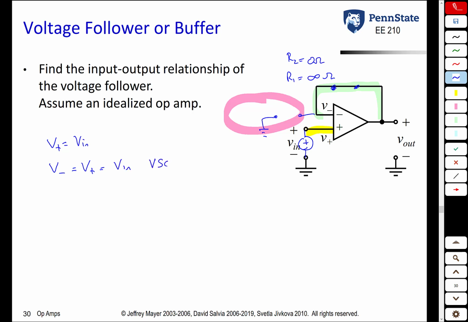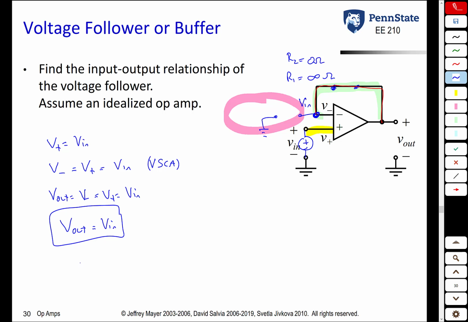So the voltage here is also Vin. But because of this wire here, V out is also equal to that. So V out is the same as V minus, which is the same as V plus, which is the same as V in, and we get this amazing equation: the output voltage is equal to the input voltage.